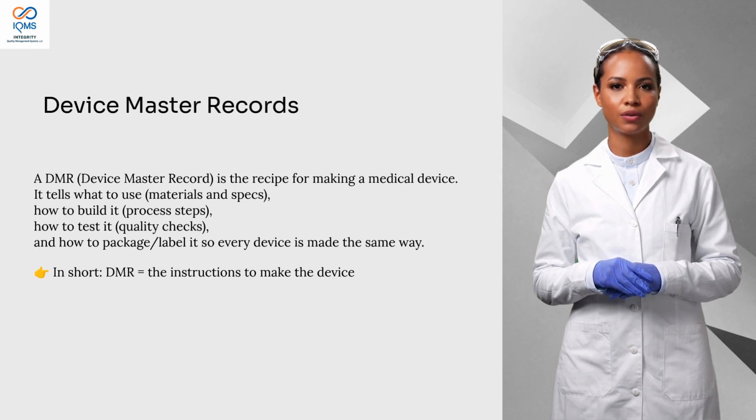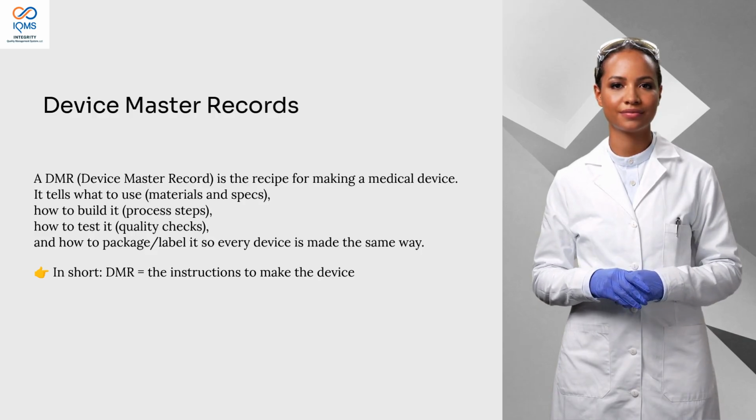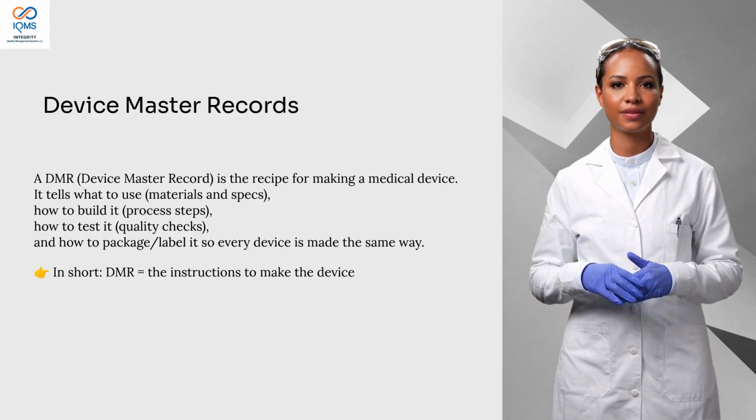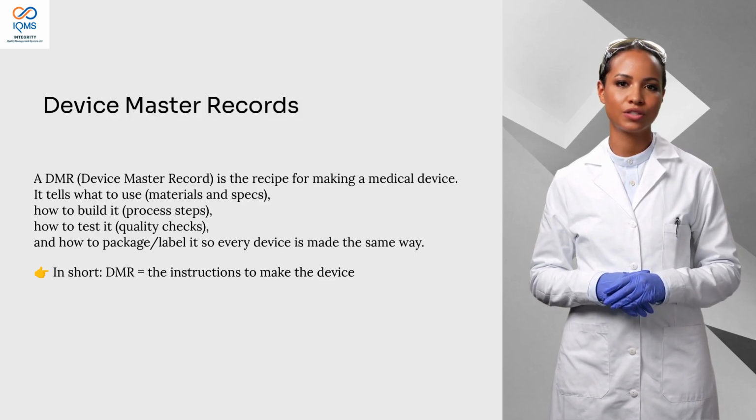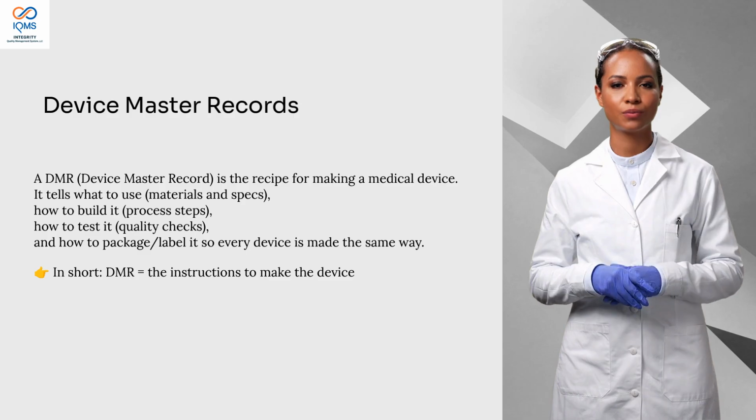A DMR is the recipe for making a medical device. It tells what to use, materials and specs, how to build it, process steps, how to test it, quality checks, and how to package and label it so every device is made the same way. In short, DMR are the instructions to make the device.